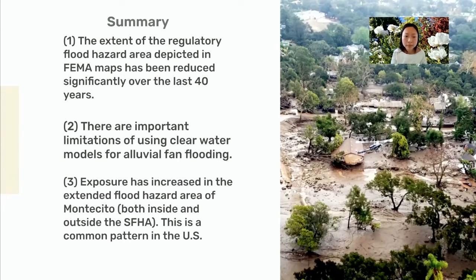And thirdly, exposure has increased in the extended flood hazard areas of Montecito, both within and outside of the special flood hazard area. This is not unique to Montecito, but in fact highly common elsewhere, where residential encroachment is often found within regulatory flood zones.